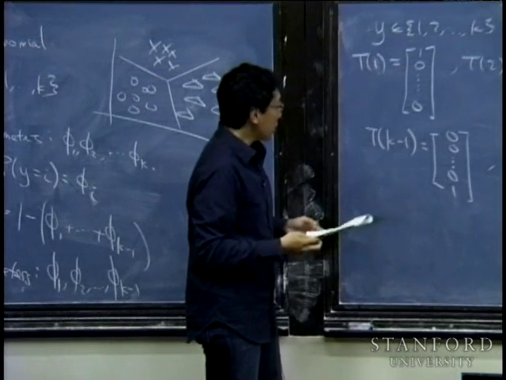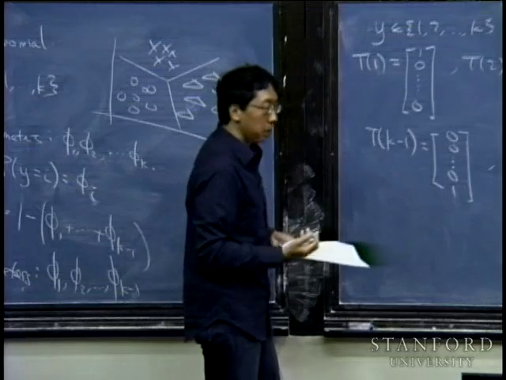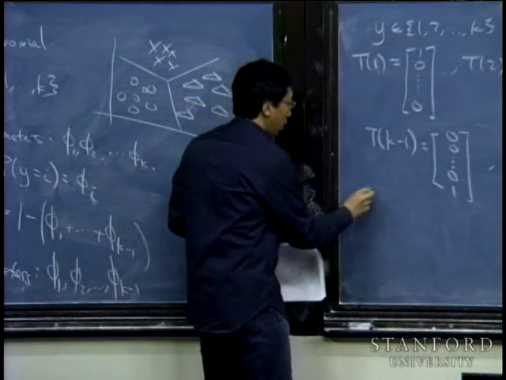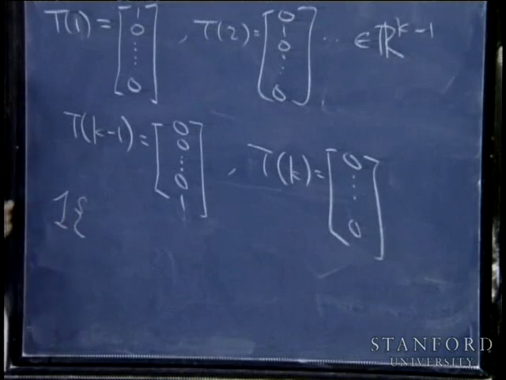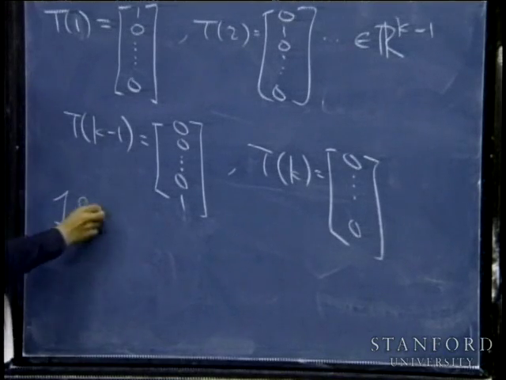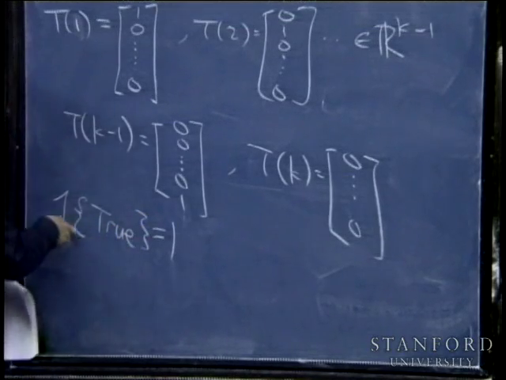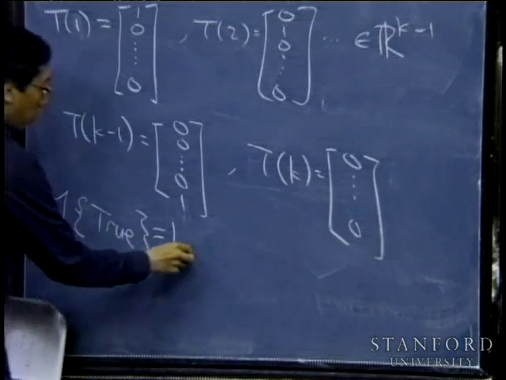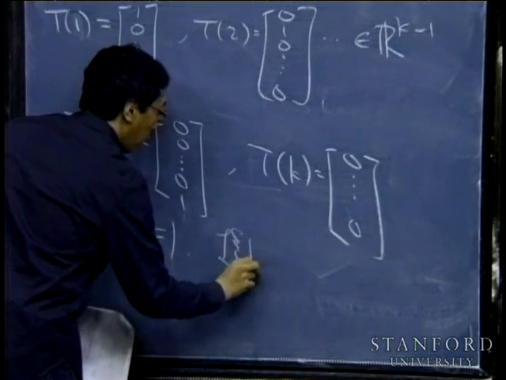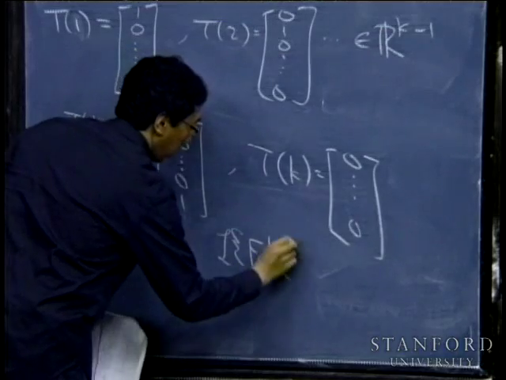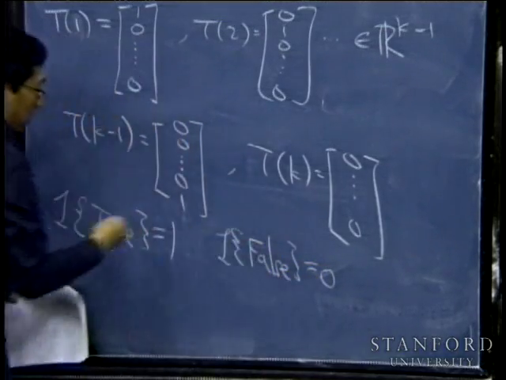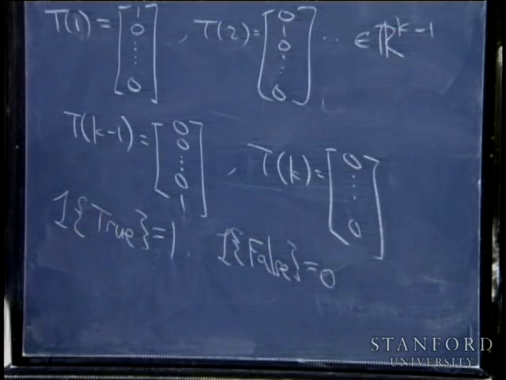So this is a good point to introduce one more useful piece of notation, which is called indicator function notation. I'm going to write 1 and then curly braces. If I write a true statement inside, then the indicator of that statement is going to be 1. And if I write a false statement inside, then the value of this indicator function is going to be 0.